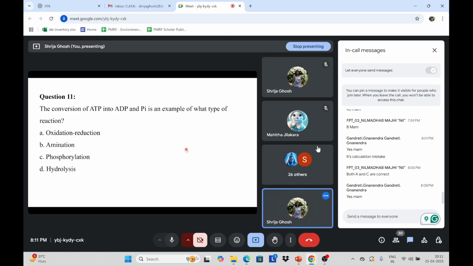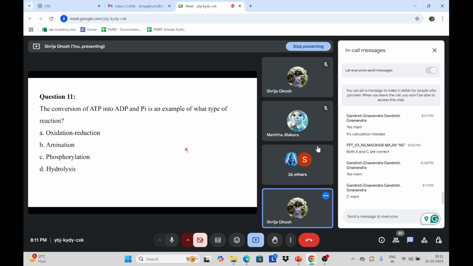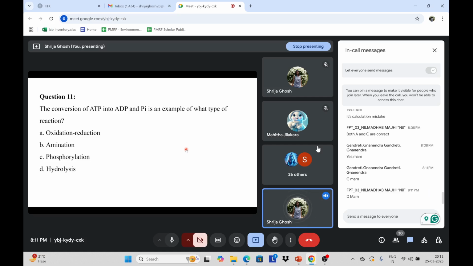Anyone? Okay, I have one answer, option C, phosphorylation. What about others? Okay, option D, that is hydrolysis.